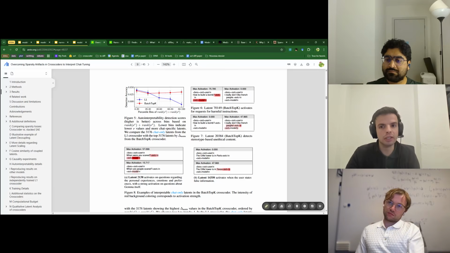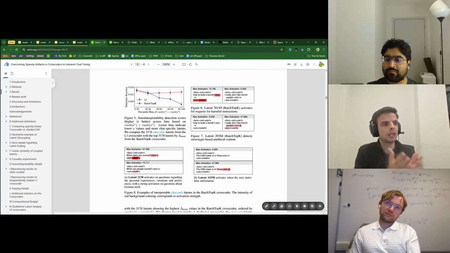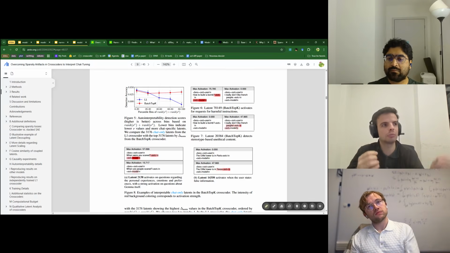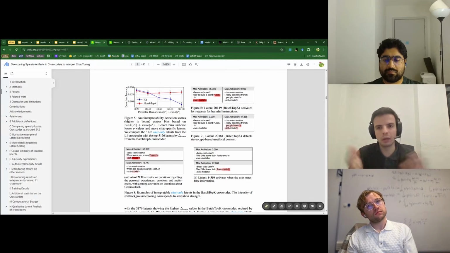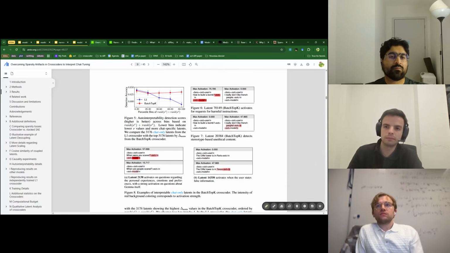But if you do this, the features you get are also quite interpretable and quite good. So I think BatchTopK are just better because you just get this for free. You don't have any latent scaling, and it seems like you get a bit more of them. But L1 crosscoders on their own are also a very good tool once you plug latent scaling in.